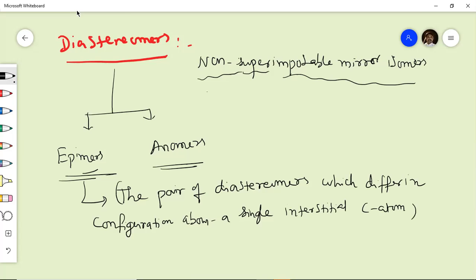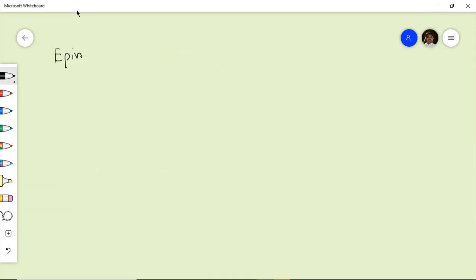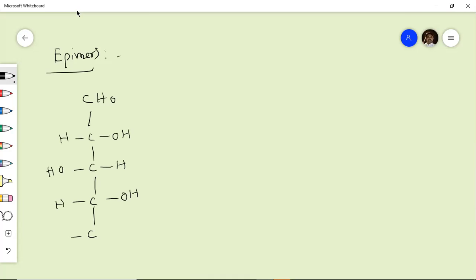We'll see an example of epimers now. Here we will take glucose as an example to understand epimers.